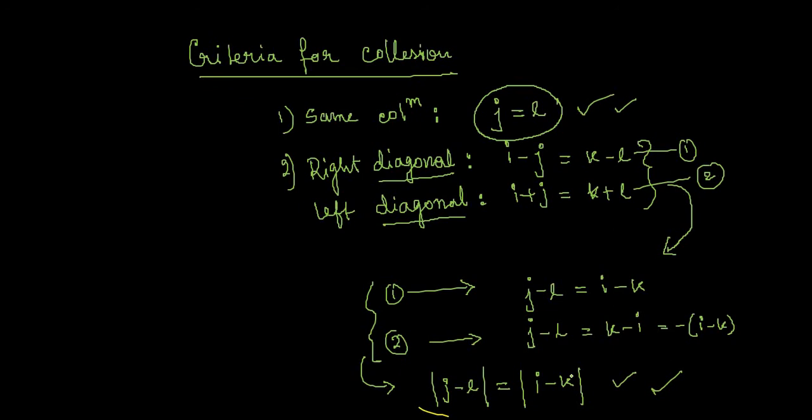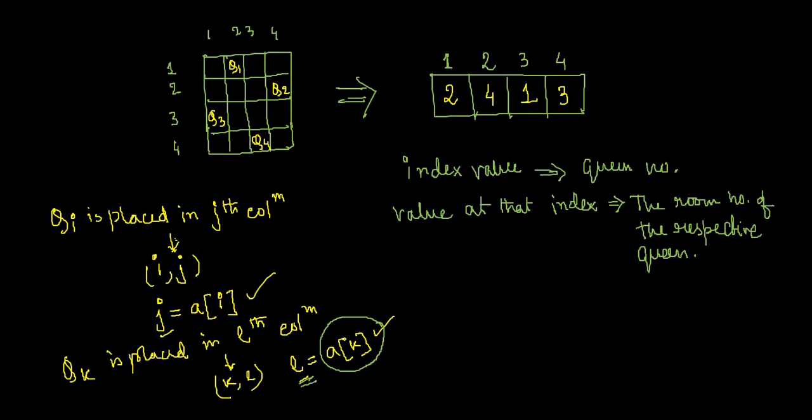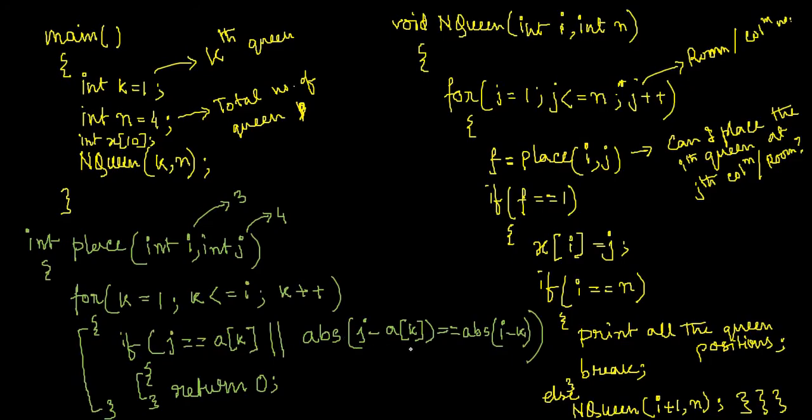So instead of L, obviously I have to represent it by A of k. So I can write the absolute value of j minus A of k will be equal to the absolute value of i minus k, which is the criteria for collision in some diagonal, maybe right or left as a whole. So if one of these criteria is satisfied, you can readily say that you cannot place the ith queen in jth column because there is a collision with the kth queen. And that's why I can directly return 0 over here.